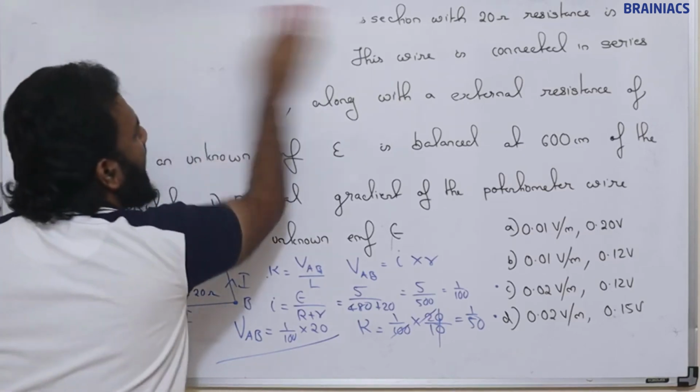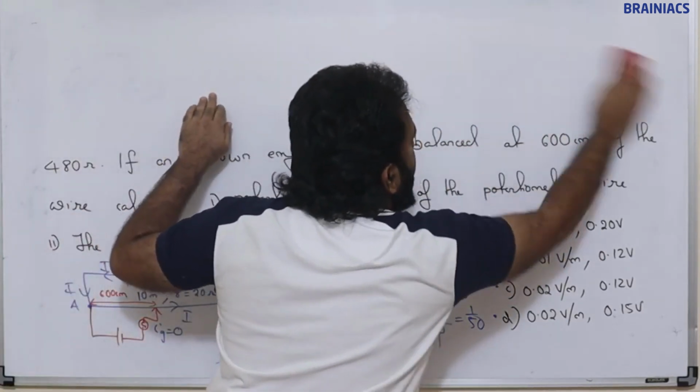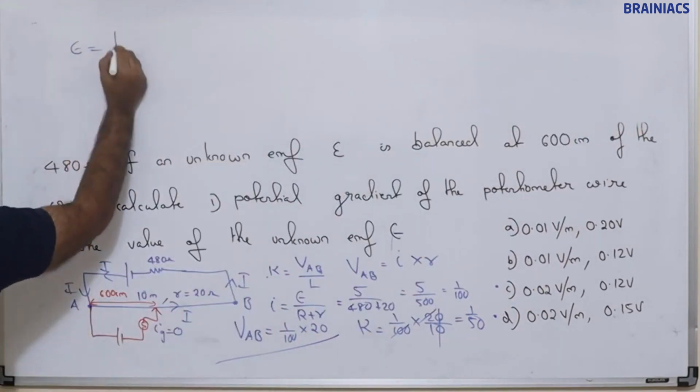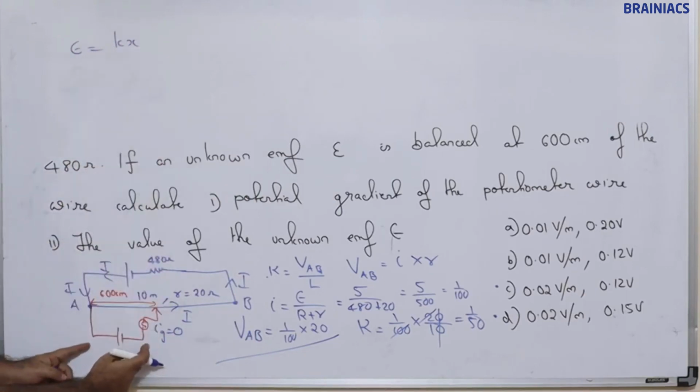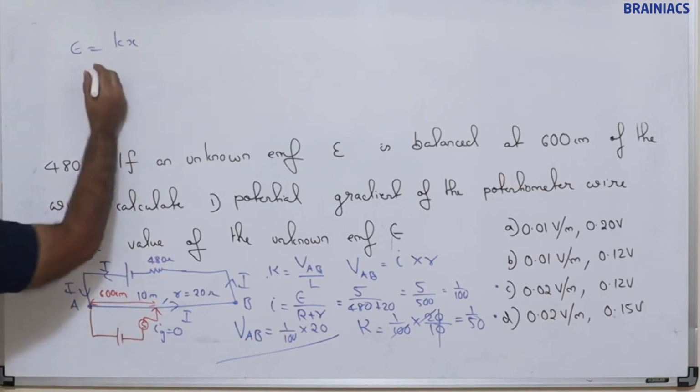So once we get the potential gradient, finding the unknown EMF is easy. Unknown EMF is nothing but Kx. This EMF is equal to the potential difference of this one, Kx.